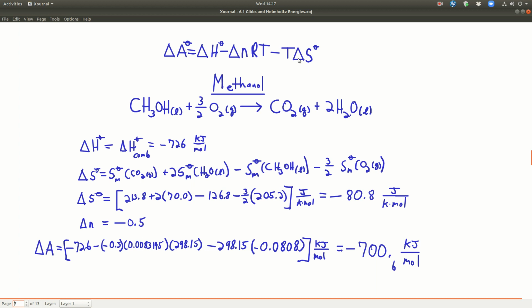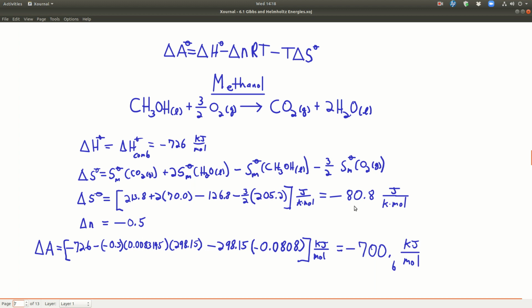Delta S is just products minus reactants. So these are the entropies that we were given for carbon dioxide, in joules per Kelvin mole, and this is liquid water. So the 2, because there's a 2 right there, multiply that by 2, minus methanol's entropy, which we were given, and 3/2 the entropy of oxygen, which is that right there.